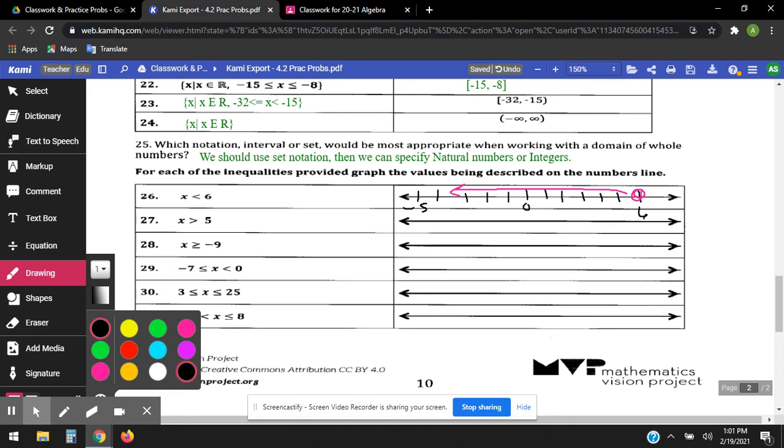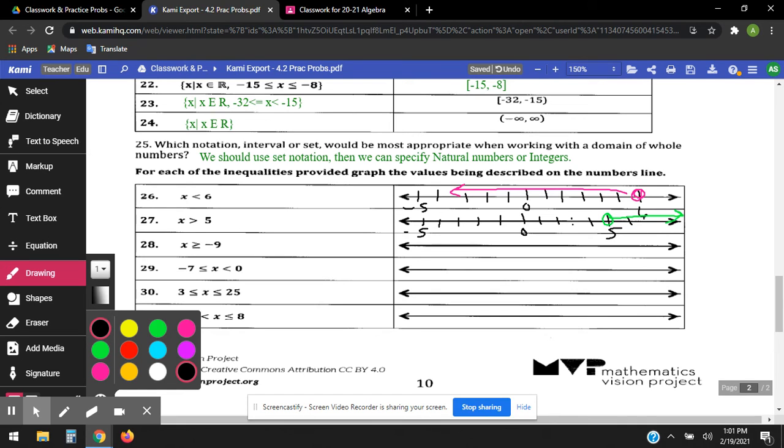Next, it says we're going to 5, so 1, 2, 3, 4, 5. That was my 0. 1, 2, 3, 4, 5. Negative 5. So again, I have green will go every other. I have an open circle because it's not equal to 5, but it is greater than. So we're going to go that direction. Negative 9.